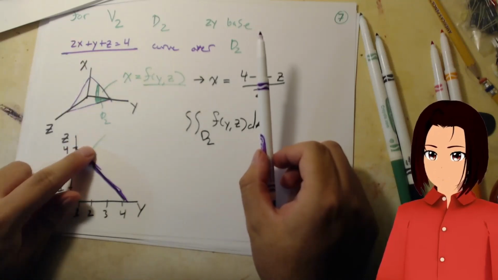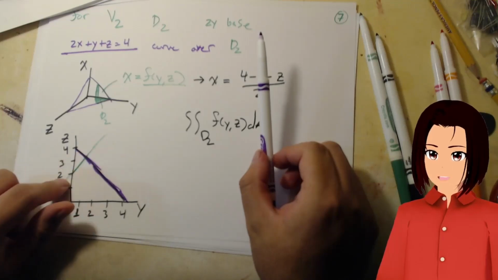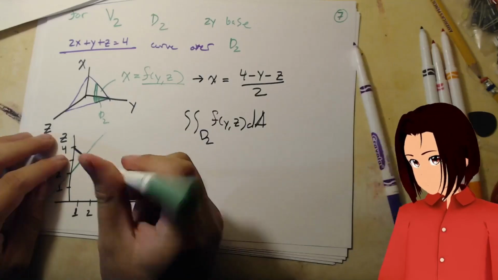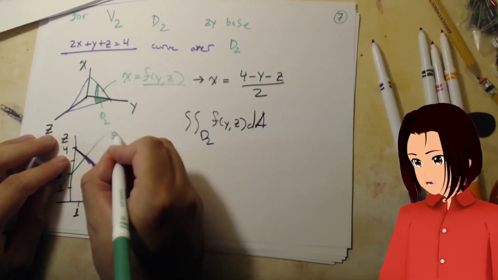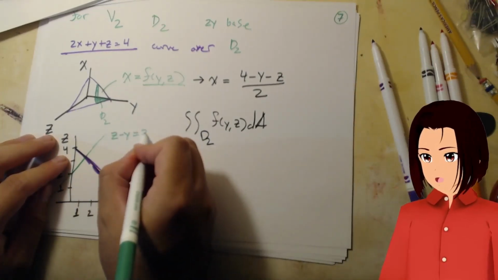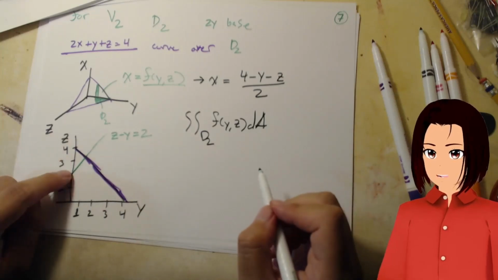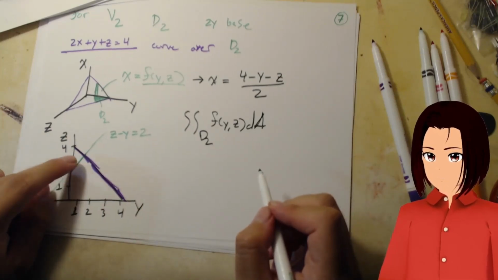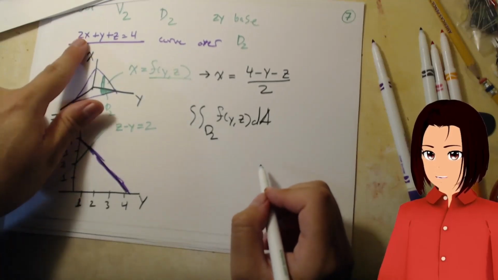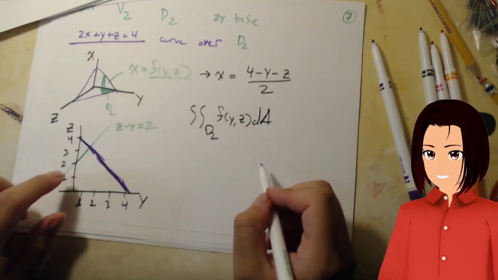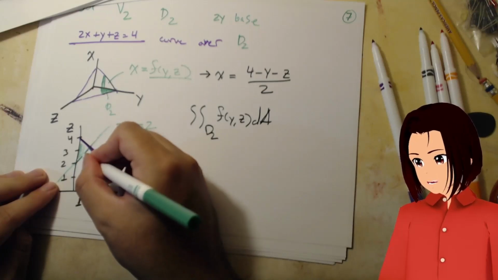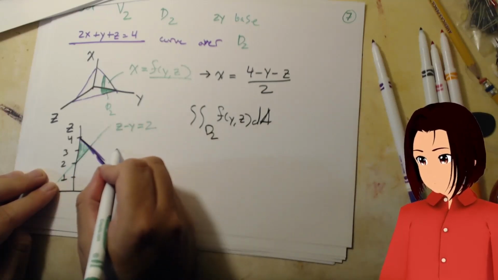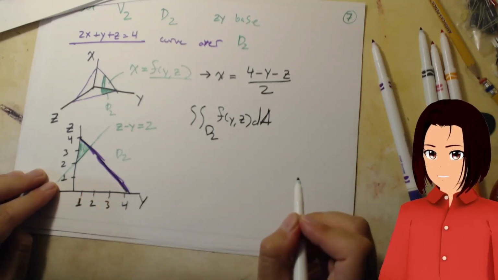And this green line right here comes from the intersection of z minus y equal 2. That's where that plane comes from. And this plane comes from that. And this plane comes from this. And this shaded region here is our D2. So now we have D2.